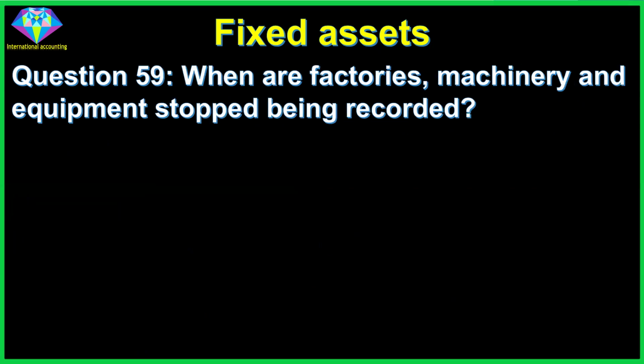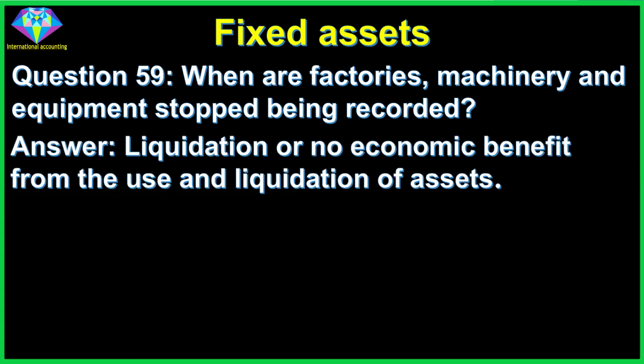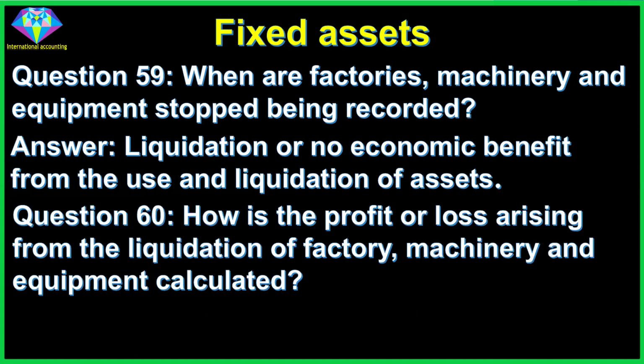Question 59. When are factories, machinery and equipment stopped being recorded? Answer: liquidation or no economic benefit from the use and liquidation of assets. Question 60. How is the profit or loss arising from the liquidation of factory, machinery and equipment calculated?